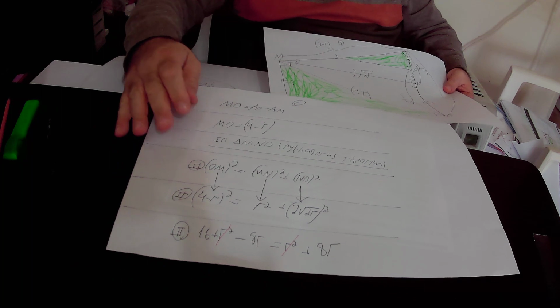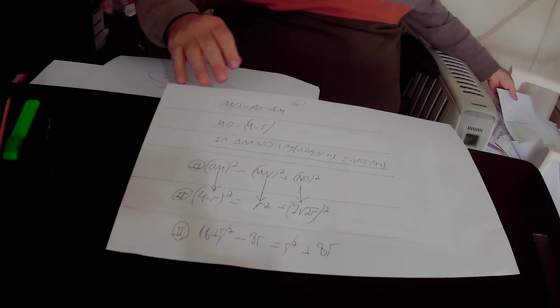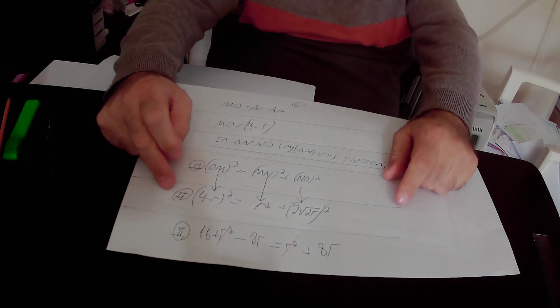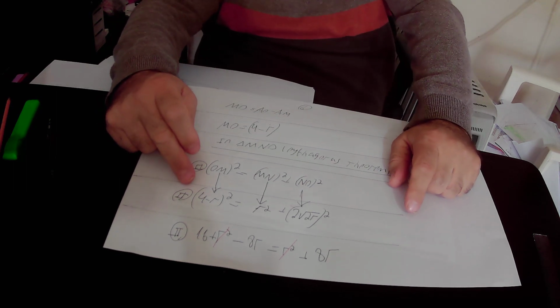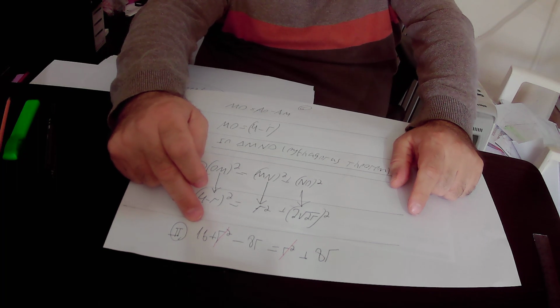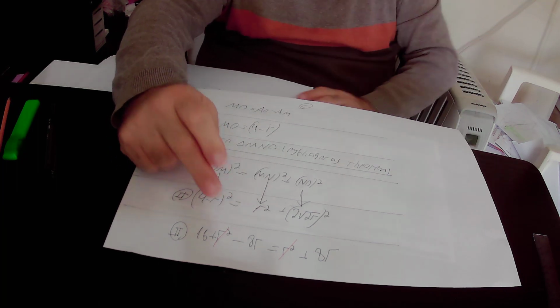So we open the brackets in this equation number 2, and we got that 4 minus R squared is actually 16 plus R squared minus 8R.